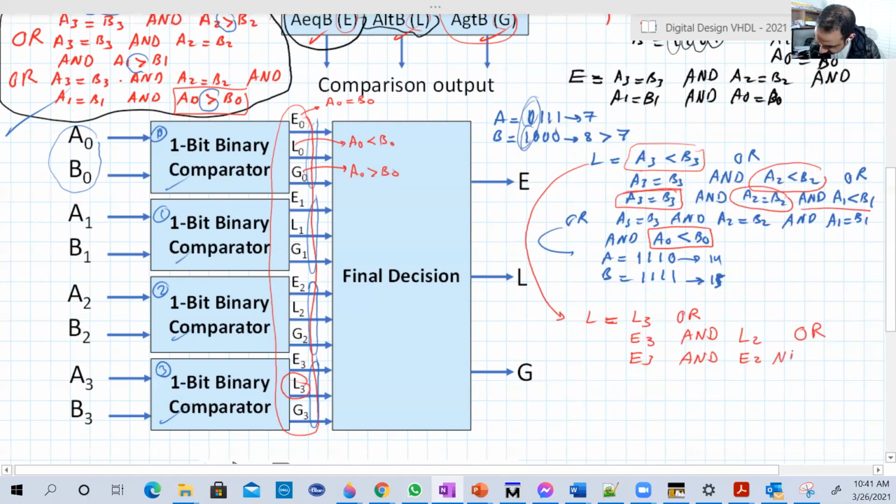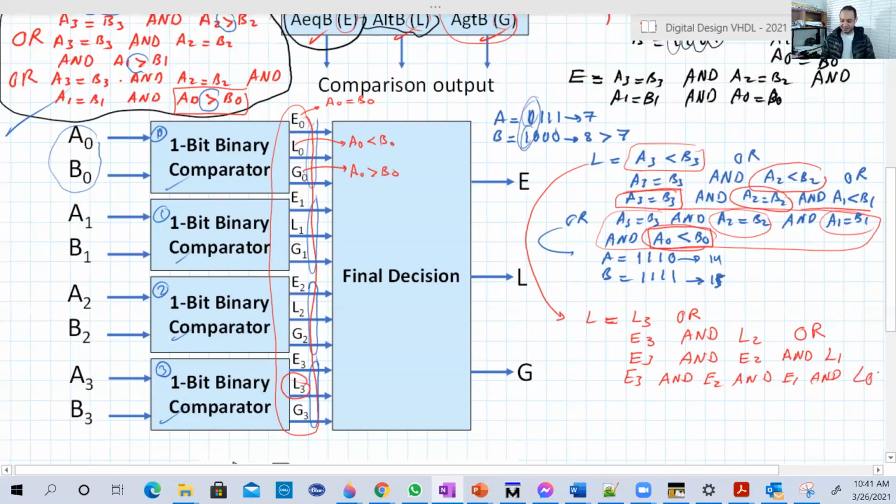So, finally, this last case here, A3 is equal to B3, which is basically E3, and A2 B2, which is E2, and A1 B1, which is basically E1, and finally A0 is less than B0, this is L0. Okay, this is basically L.